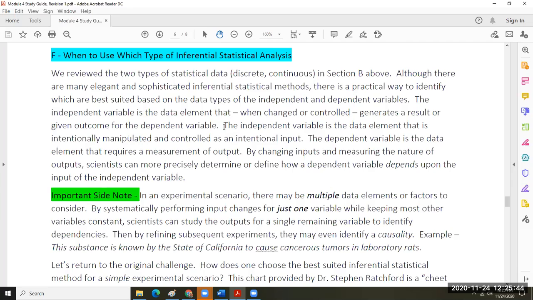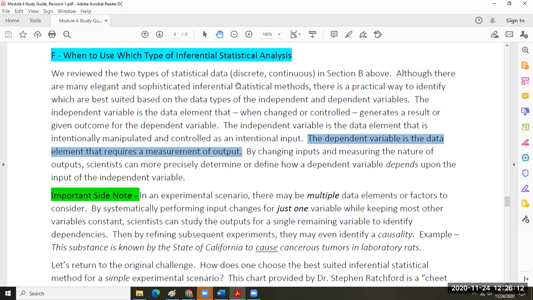The independent variable is the data element that is intentionally manipulated and controlled as an intentional input. And the dependent variable is the data element that requires a measurement of output. Now, there are elegant scientific design scenarios where that simple statement is not true. I'm just talking in general terms. I'm just giving you a rule of thumb to go by.